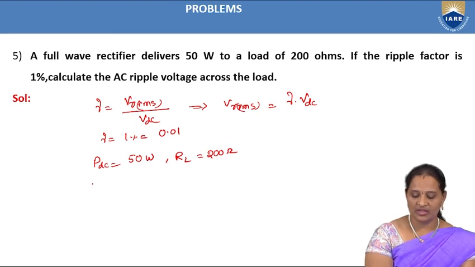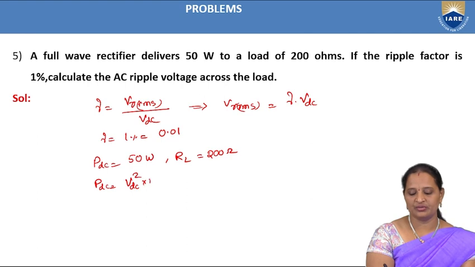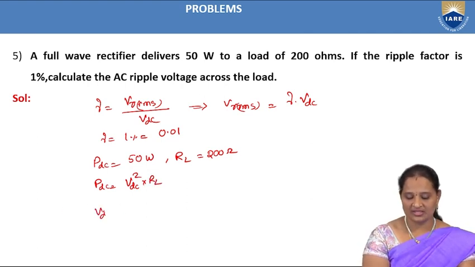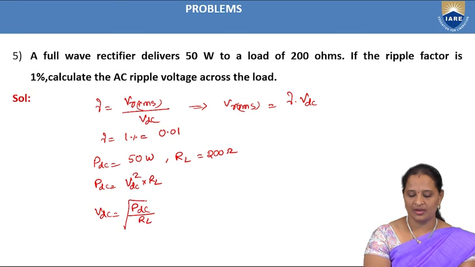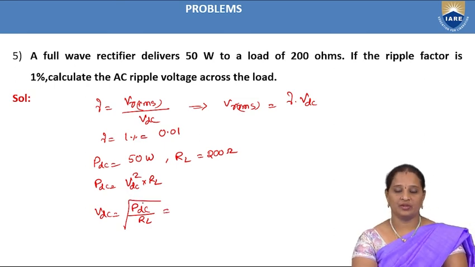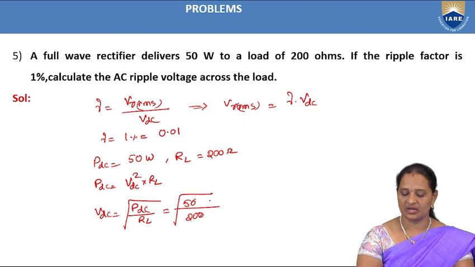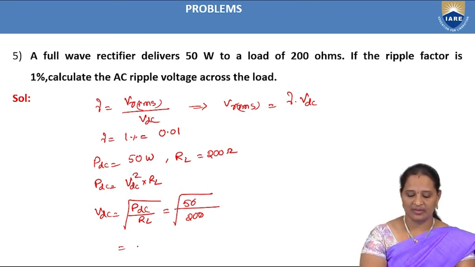So we already know that P_DC is given by V_DC square divided by RL, right? So from this, V_DC can be calculated as under root of P_DC into RL. So what is P_DC here? P_DC is 50 into RL is 200 under root.